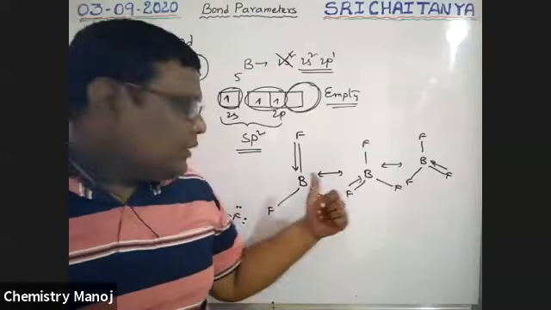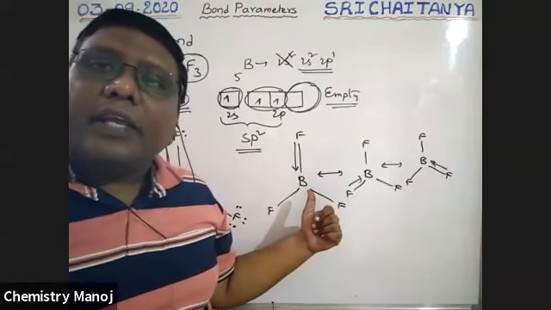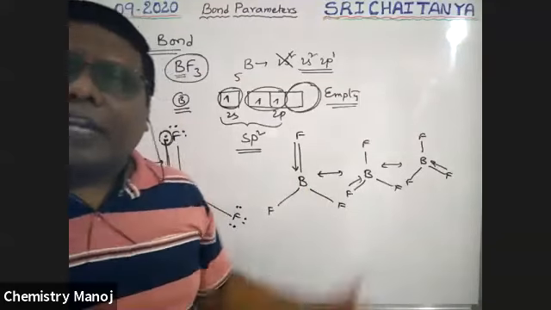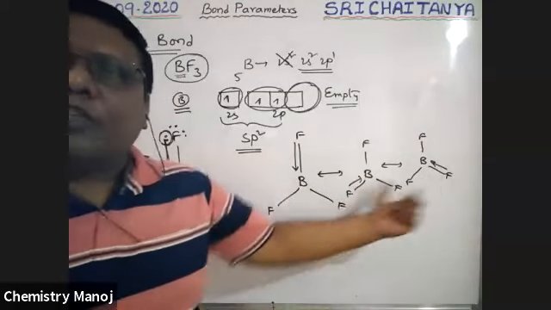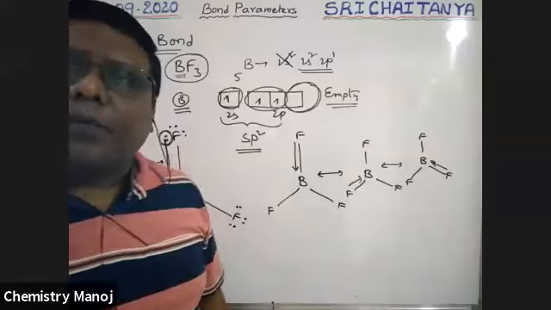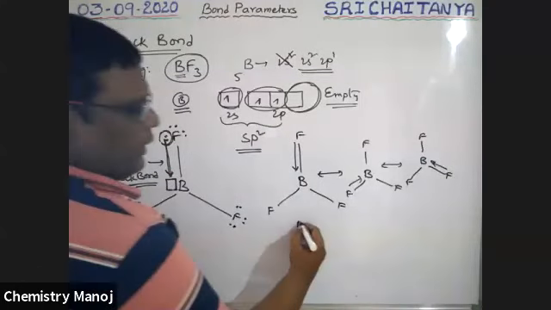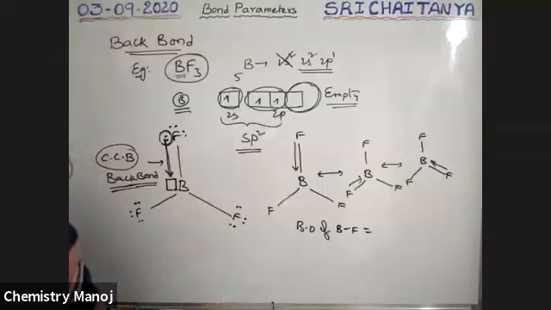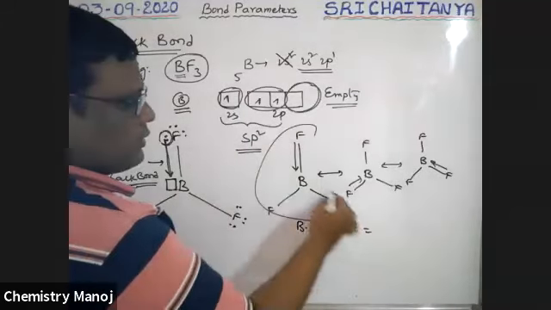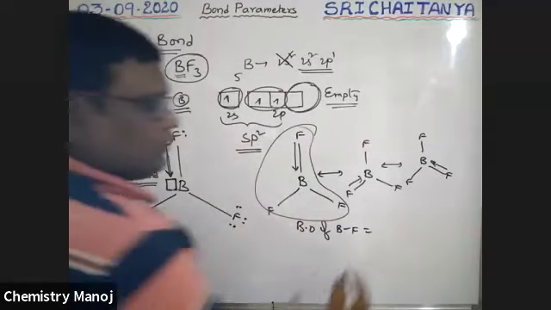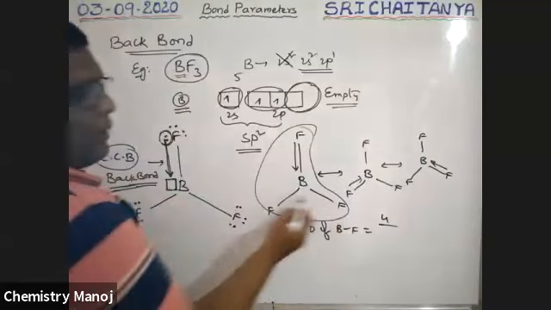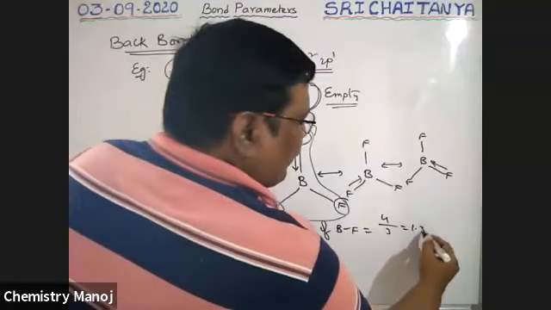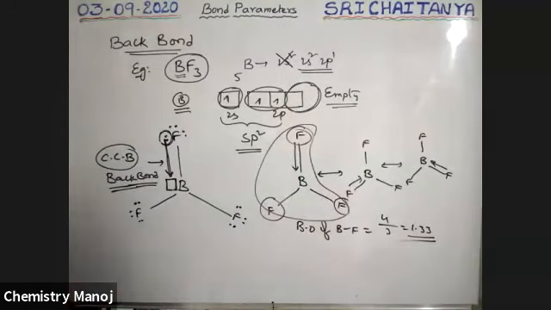Because of that, what is the bond order in BF3 between B and F? Shall we calculate? Because of the resonance concept, it is open chain compounds. So the bond order of the B-F bond is the number of bonds in the molecule, 4, divided by the number of atoms attached to the central atom, 3, which is 1.33.